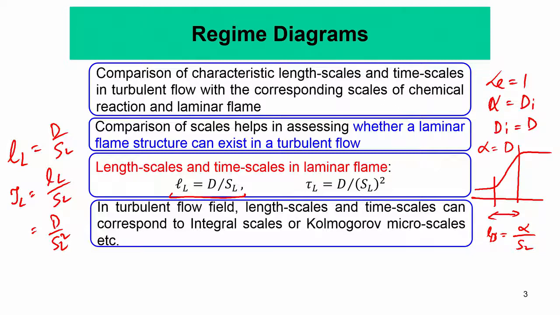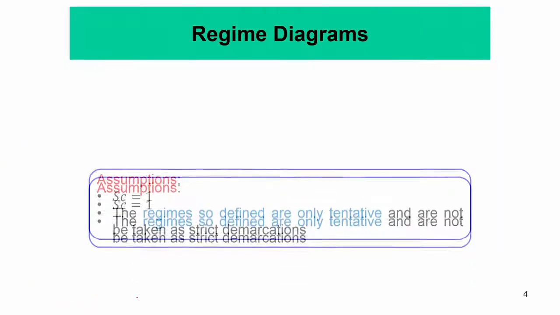For flames you have the length scale LL; for turbulence you have L0 or eta. Similarly, the time scales are tau L for the flame, and tau 0 and tau eta for turbulence. So, these are the different length and time scales that you have.